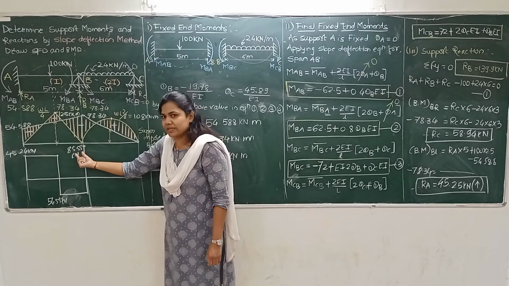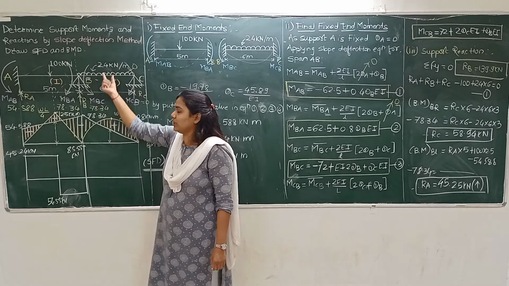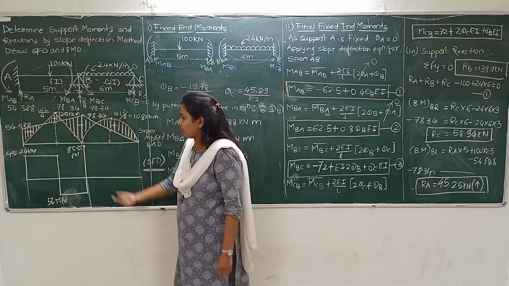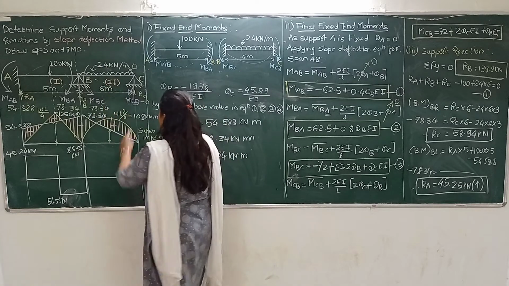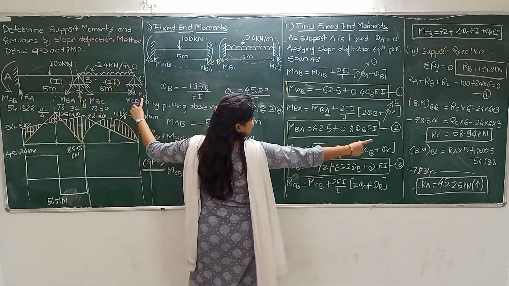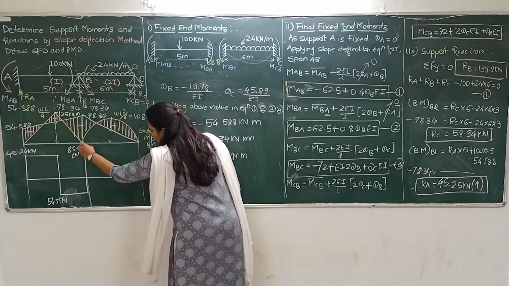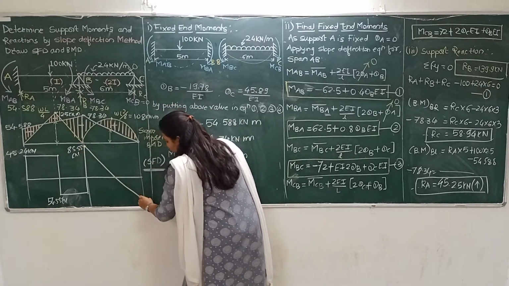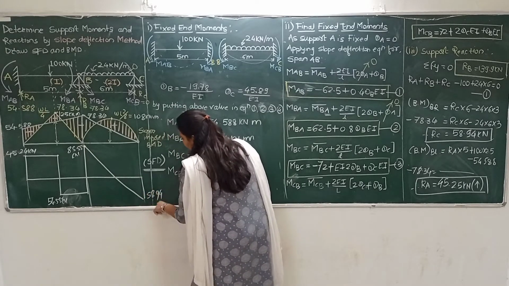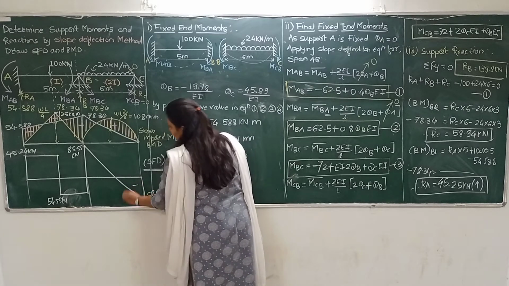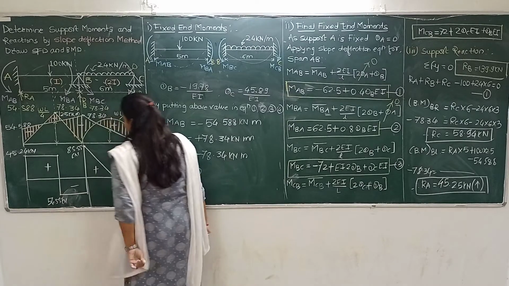So along with the shear force 85.35, the shear force change from B to C is 24 into 6. So 85.35 minus 24 into 6 comes to be the value of the reaction at C, which is equal to minus 58.94, going downward. So here this is negative shear force, this is positive shear force, this is negative shear force, and this is positive shear force.